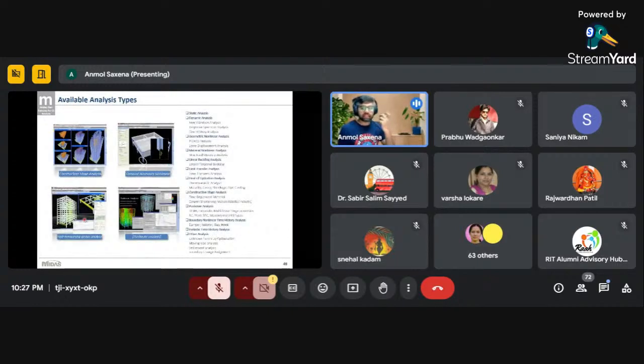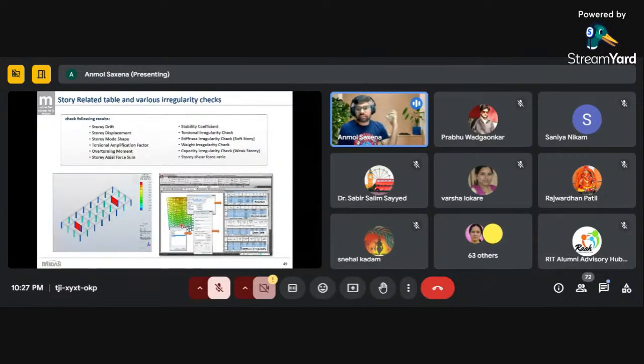And these are the analysis types which Midas Gen can handle, basically almost all types from conventional analysis to nonlinear analysis. You can see response spectrum, time history, P-delta, buckling, heat of hydration, construction stages, pushover, or other analyses like moving load, settlement, or boundary nonlinear time history analysis, which we can do.